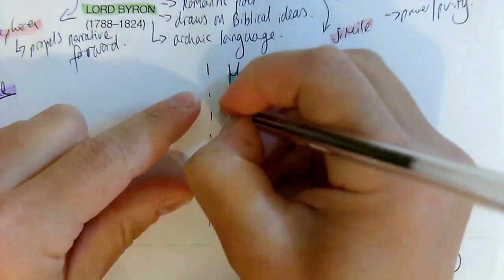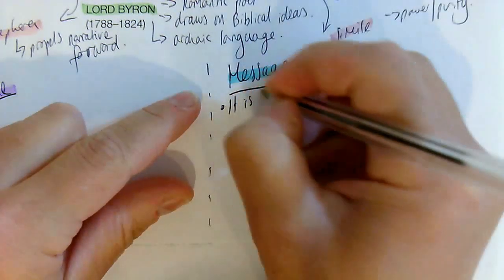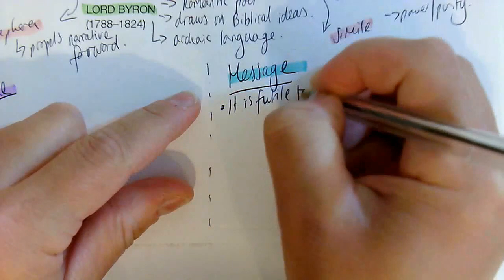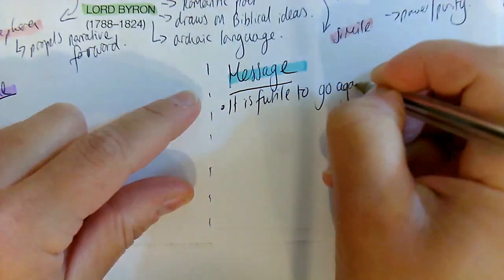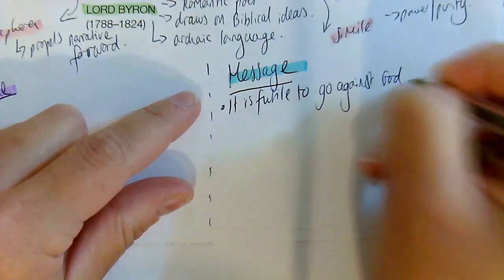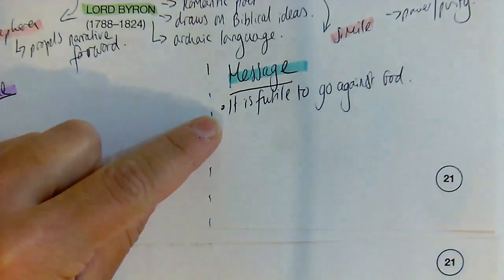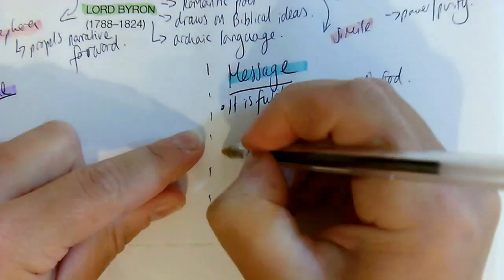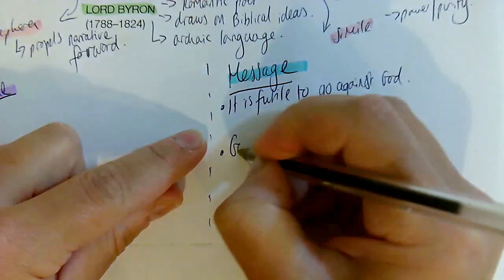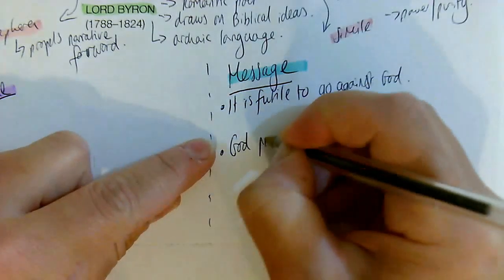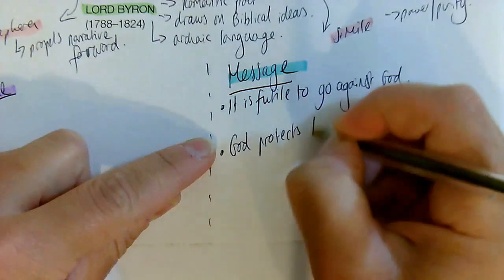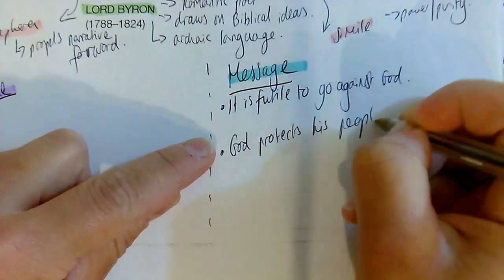I think probably the first one is it is futile to go against God. I think that's a really clear message that Byron is making here. And maybe he's making the point that God is a protective God. God protects his people here, the people of Israel.